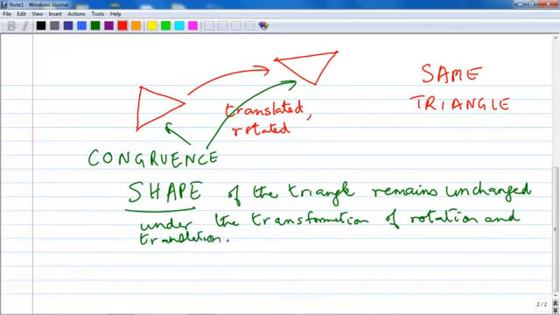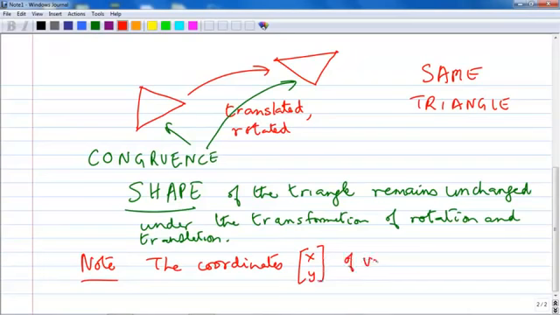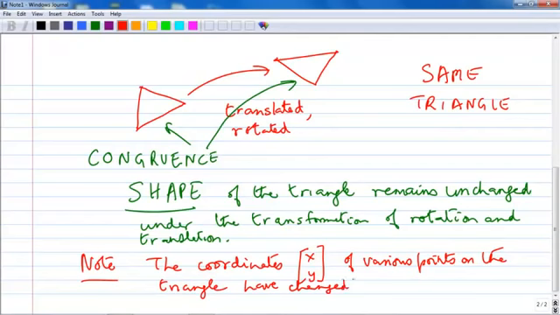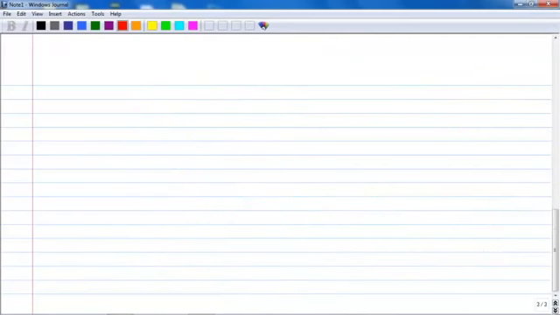Note, the coordinates x, y of various points on the triangle have changed. So that's the fundamental distinction.